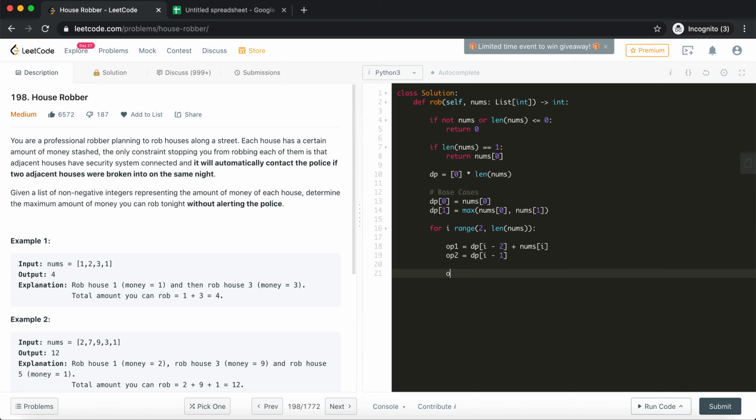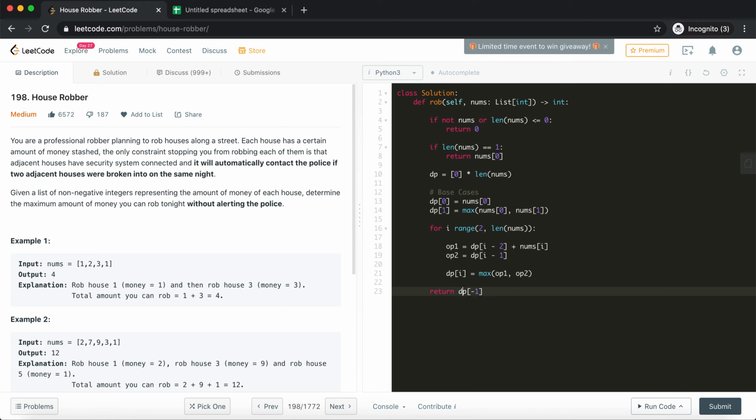The maximum profit at this point is the max of option 1 and option 2. After all the iterations, the entire DP array is populated and our answer will be in the last element.